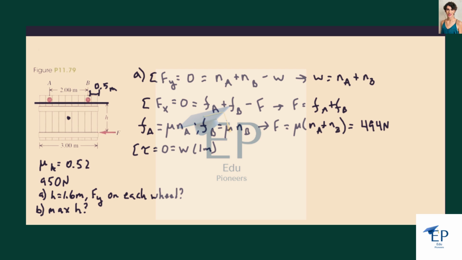The distance between these two is 2 meters, so this distance is 1 meter. Then minus the normal force at A, which acts 2 meters away, and then minus F times H. That's the other force that can produce a torque here.